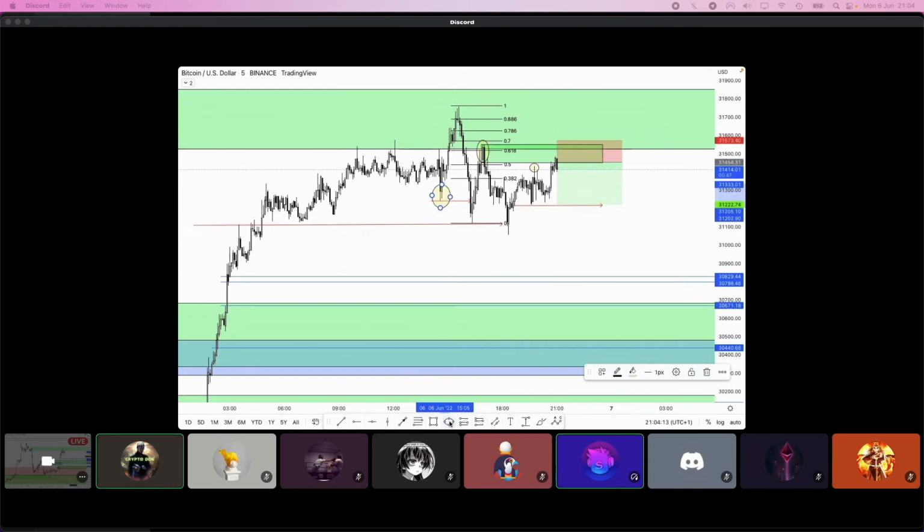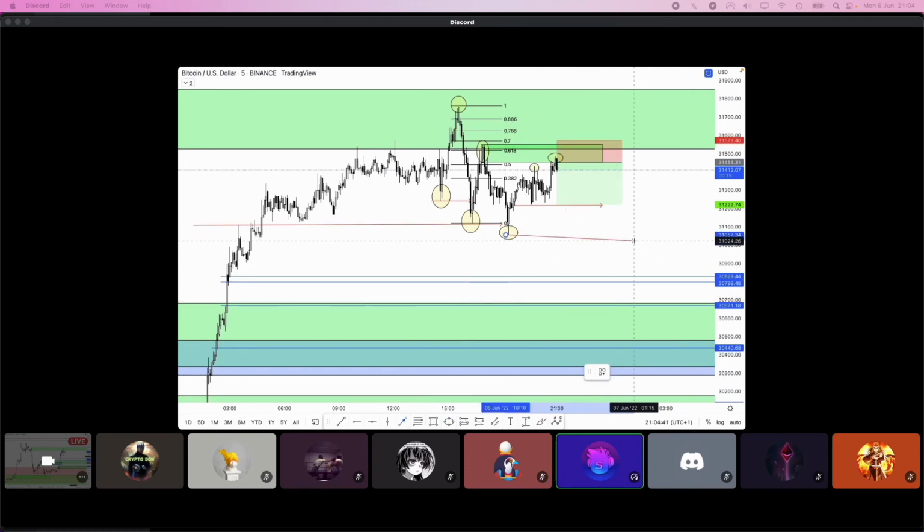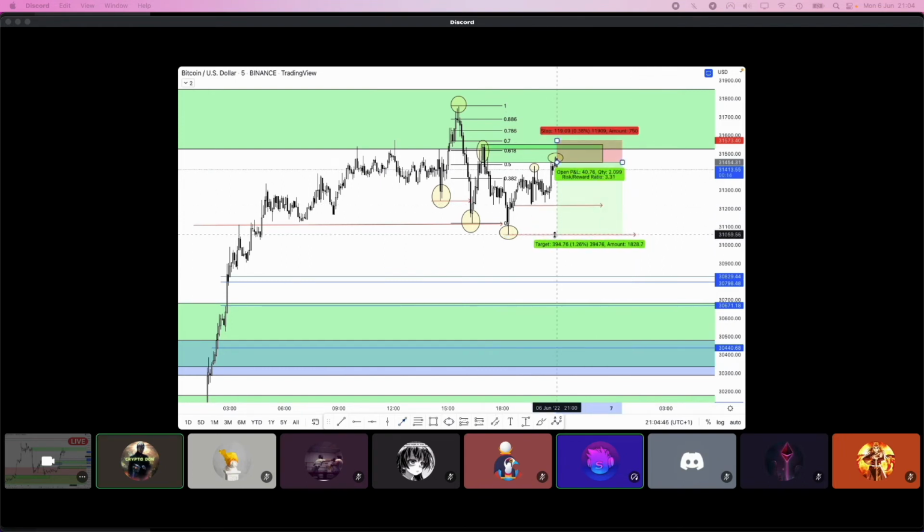Lower high, lower low, lower high, lower low, lower high, induced. So is this the lower high here to take us to the lower low here to come and break this new low? So theoretically, you were supposed to be coming down here.